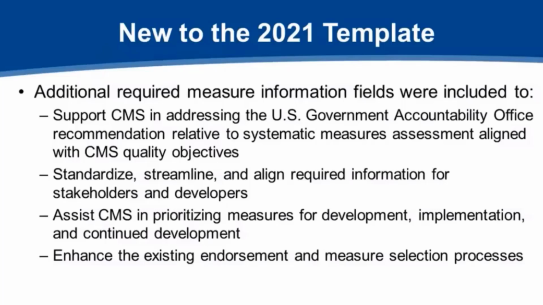They help to standardize, streamline, and align required information for stakeholders and developers. They assist CMS in prioritizing measures for development, implementation, and continued development. And they enhance the existing endorsement and measure selection process.